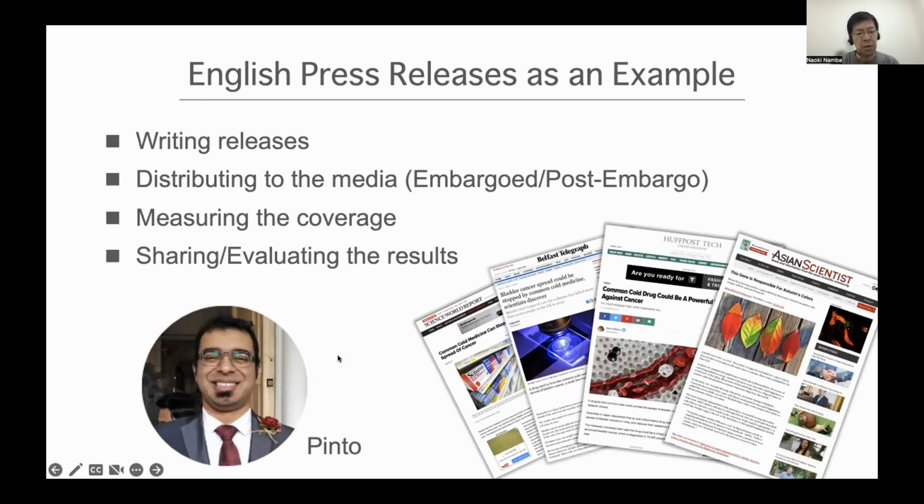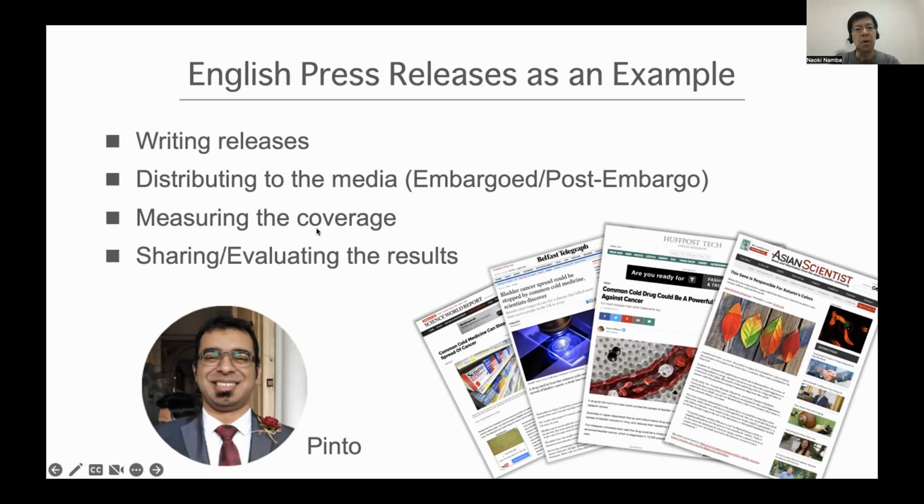In our team at Hokkaido University, Pinto, my colleague, is in charge of English press releases. And there are 4 steps. Write press releases first and distribute them to the media. And then measure the coverage. And finally, you share and evaluate the results.